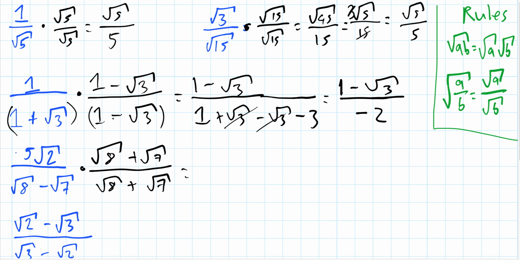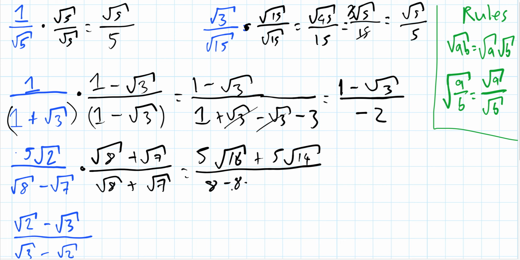And you can see how using the conjugate gets rid of the square root eventually. So this one's going to be 5 square root 16 add 5 square root 14 over 8 minus 8 square root 8 times square root 7.